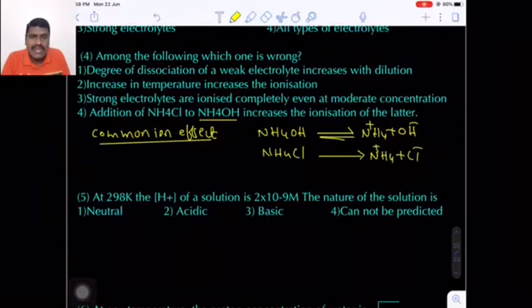We know as per Le Chatelier principle, on increasing the concentration of the products, the equilibrium shifts in the reverse direction. That means in the first equilibrium, due to increasing of ammonium ion concentration, the equilibrium will favor the backward direction. That means the ionization of ammonium hydroxide decreases. But the question says that it increases, so this is the incorrect option.